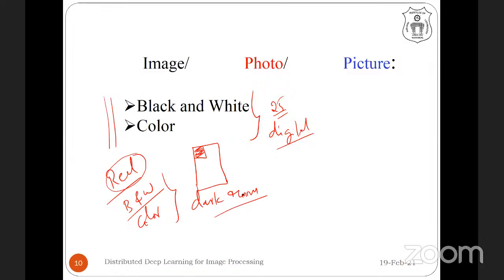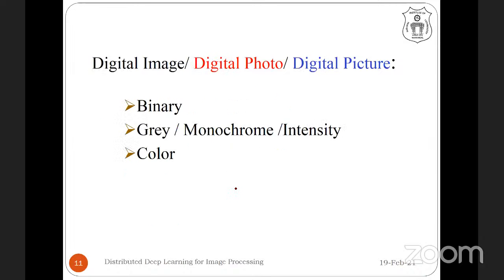Okay, I think all of you might be knowing this, or otherwise, this was the situation around 25-30 years back. But now, after that, as the digital era started, we are able to represent the image by using some digits. So what are those digits? Based on that, we got three kinds of digital photos.